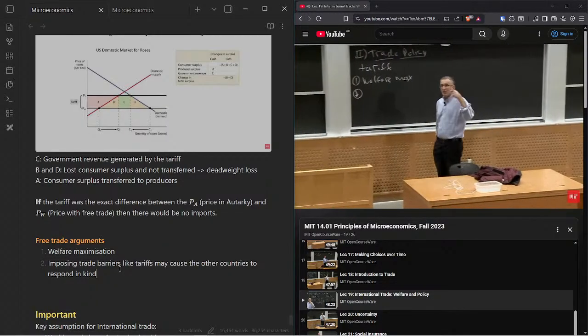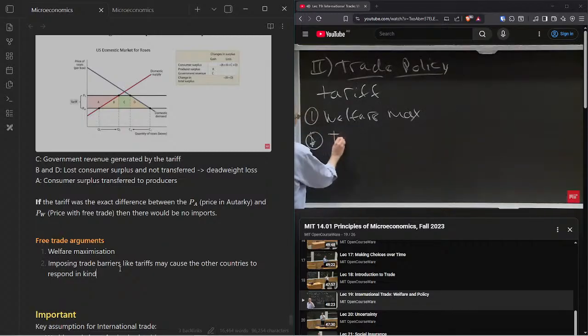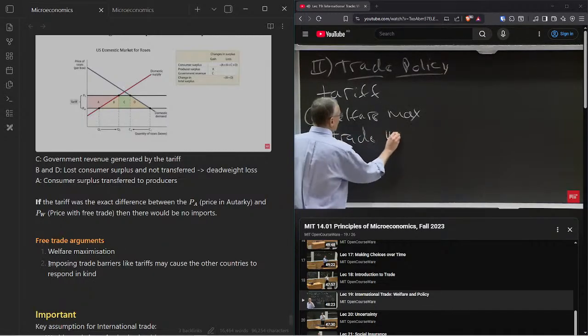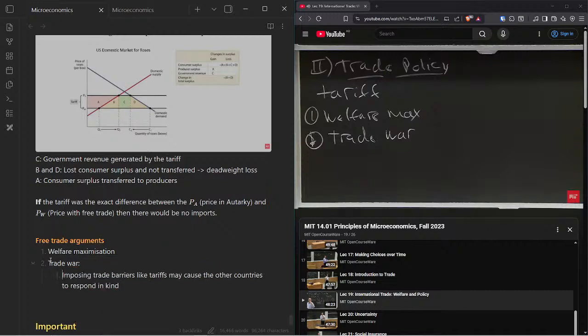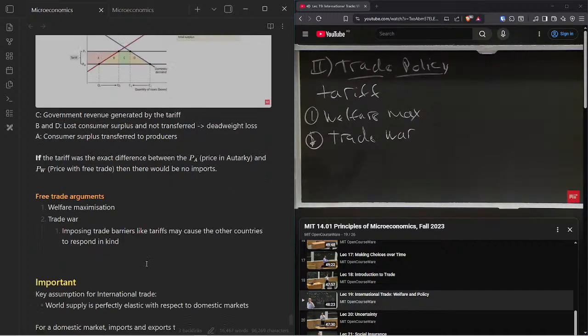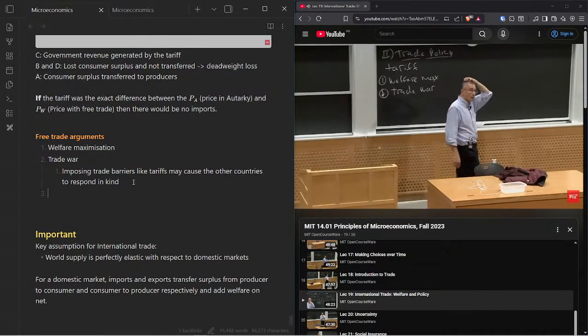So by imposing this tariff and starting a potential trade war, which isn't nearly as cool as it sounds, we've hurt not only our consumers, we've also hurt our producers. Remember, the whole idea was to help our producers. But by helping the rose producers, we've now hurt the computer producers.